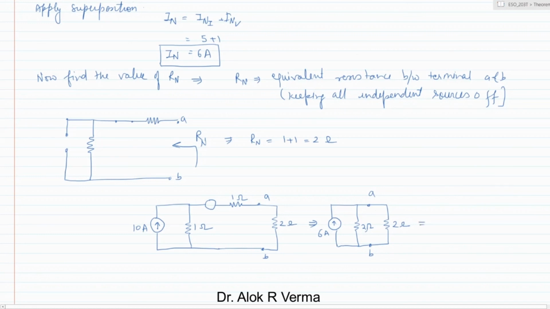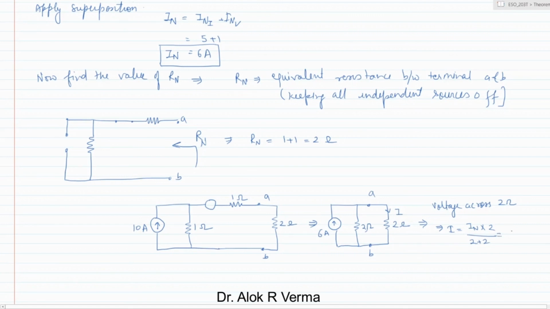Now the current across the 2 ohm is I, which is IN into 2 by 2 plus 2.